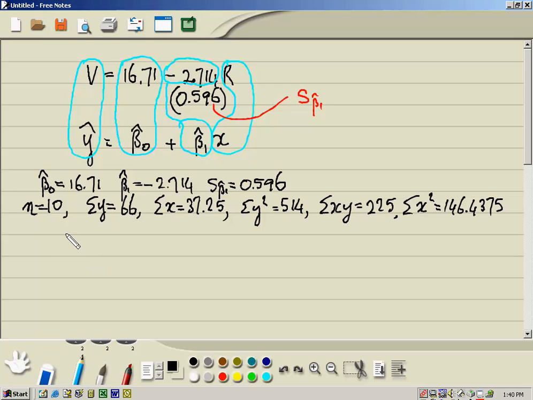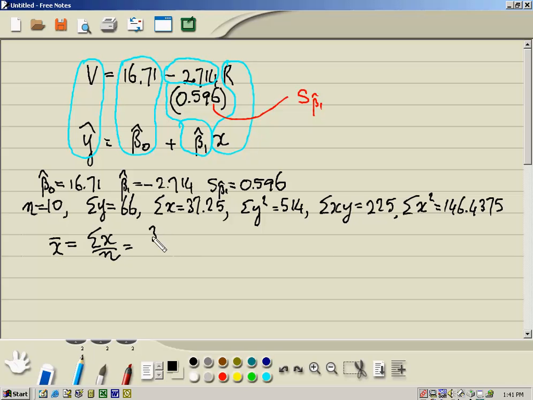So now we have all the data in the notation that we need to do our calculations. First we're going to do the t-test on the slope. Before we do anything, we're going to get all the sum of squares information. So first, x bar is sigma x divided by n.